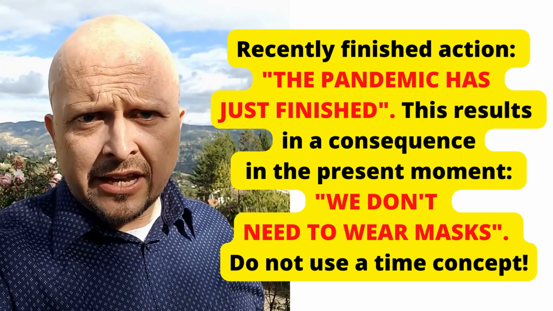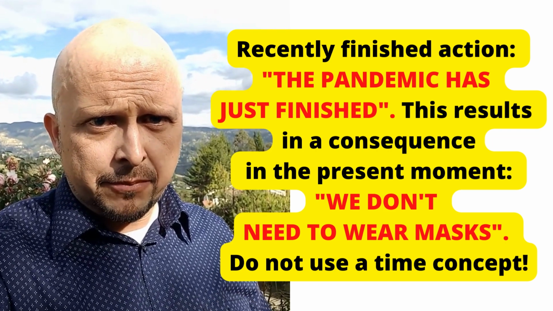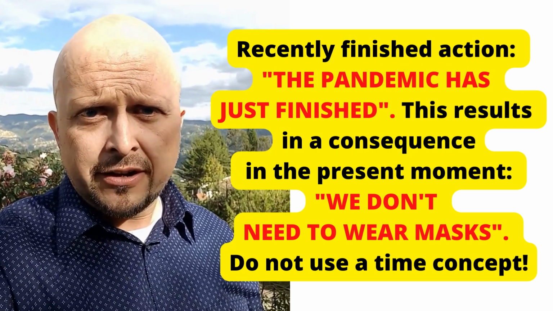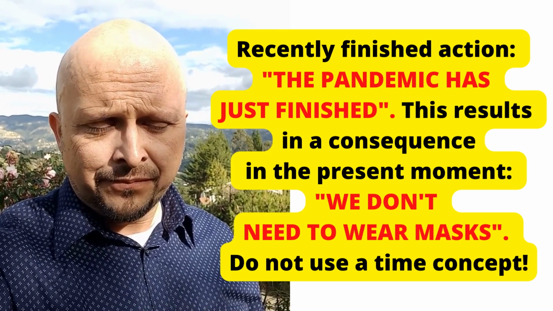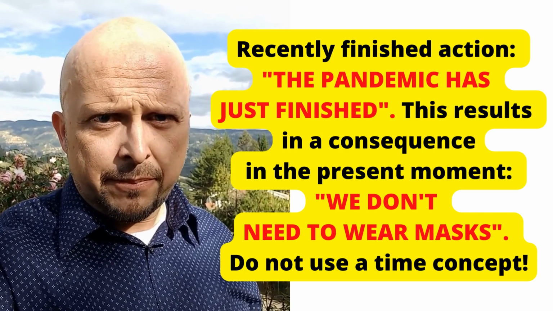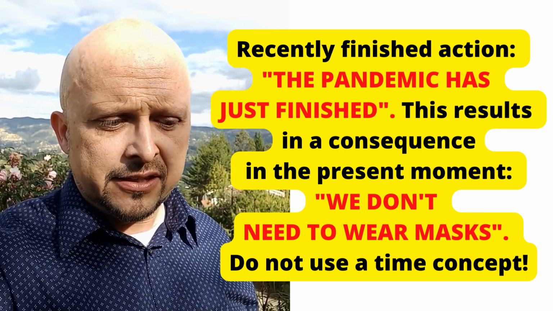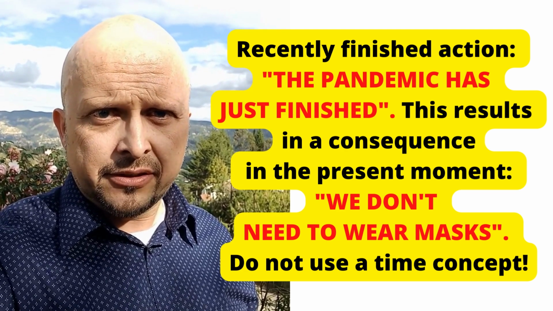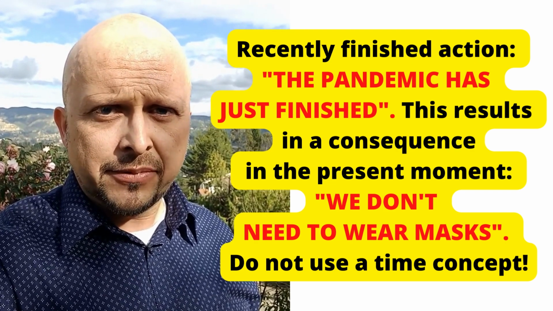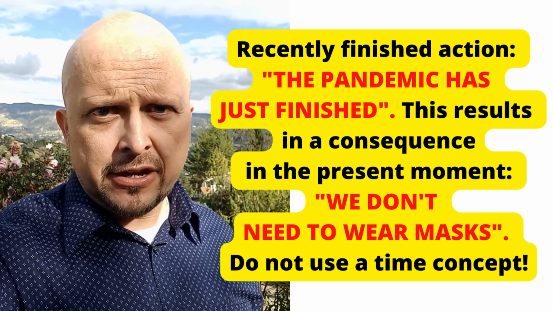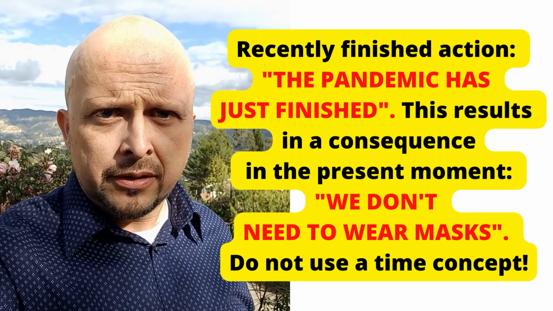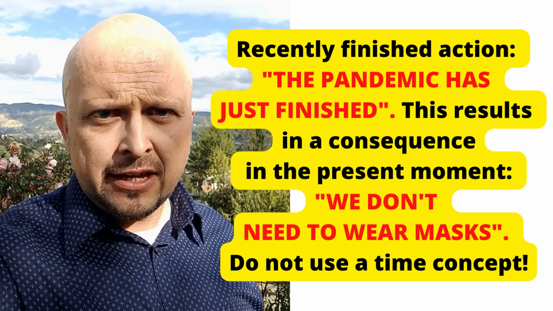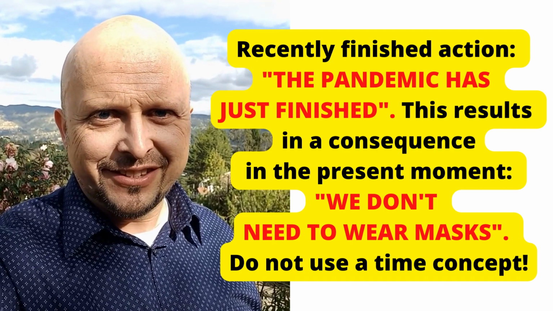And that has a consequence in the present moment because we don't have to wear masks again. So use number 3 is recent finished actions without a time concept, with a consequence in the present moment. That's very important. Don't have a time concept in there.